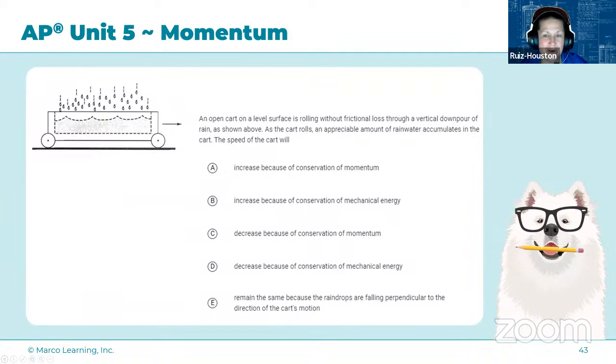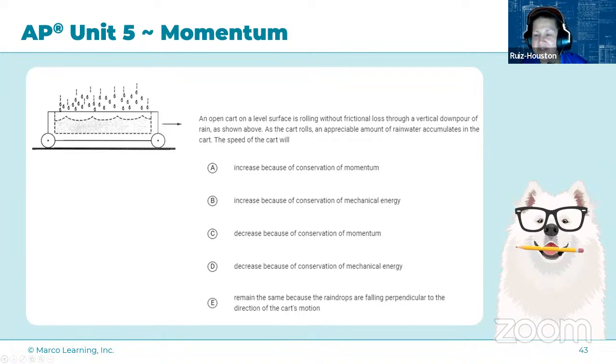Here's a beautiful cart. And since you've seen my drawing ability, I did not draw that. It's an open cart on a level surface and it's rolling without frictional loss through a vertical downpour of rain. The rain is coming in. Would that system be closed or would that be open? Wouldn't it be open because the rain's being added?